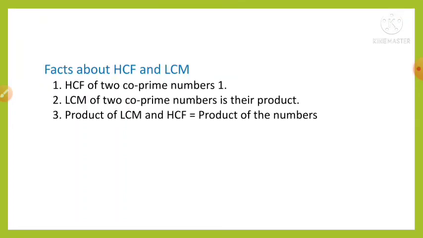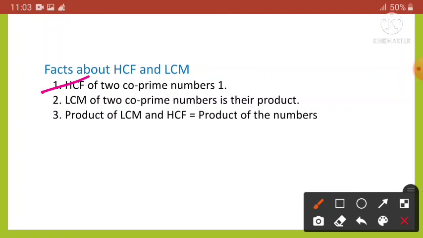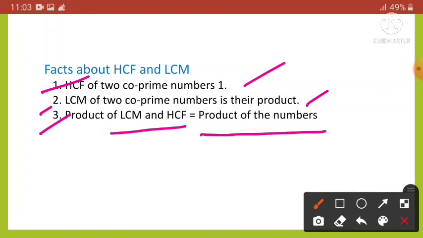Now, what are the facts we have about HCF and LCM? We know that the HCF of two co-prime numbers is 1, and the LCM of two co-prime numbers is their product. Okay, already learned. And the product of LCM and HCF is equal to the product of the numbers.